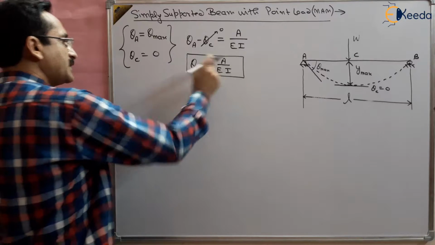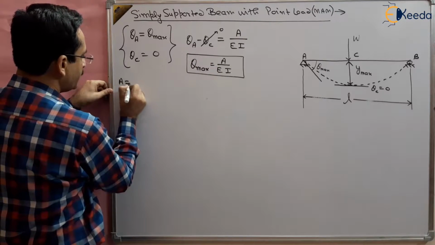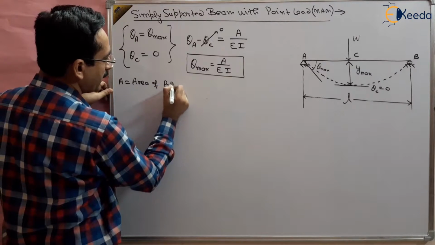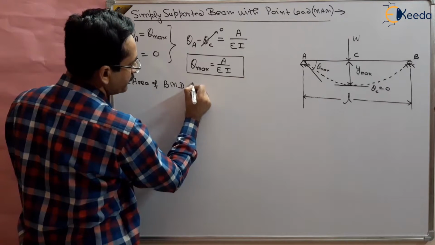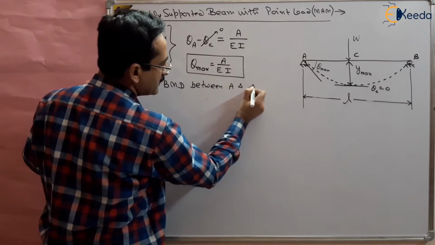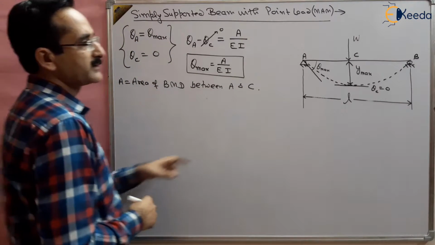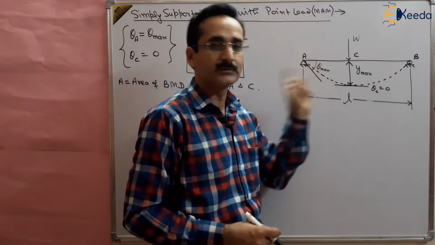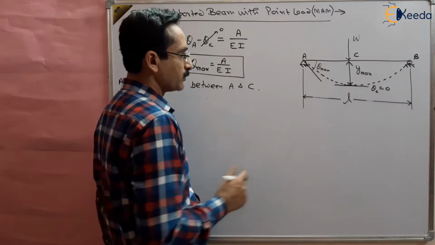So this area is the area of the bending moment diagram between a and c, because point c is the point of 0 slope and point a is the point of maximum slope, right?